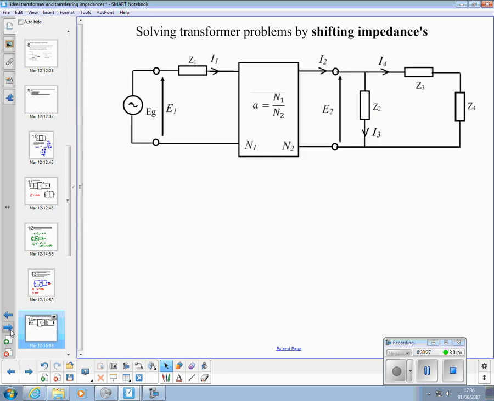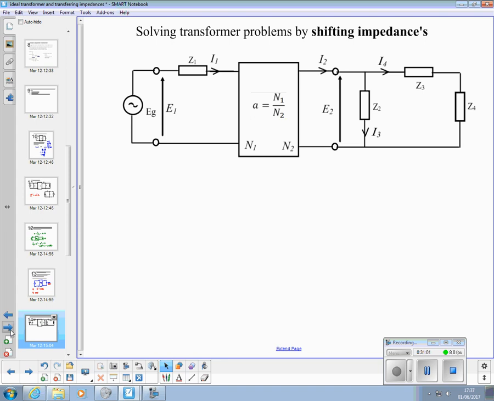Right. Then what we move on to is solving transformer problems by shifting impedances. So there's a method. What we've got here is transformers, and this is kind of the real transformer model, but we haven't talked about what these components are yet and what they represent.